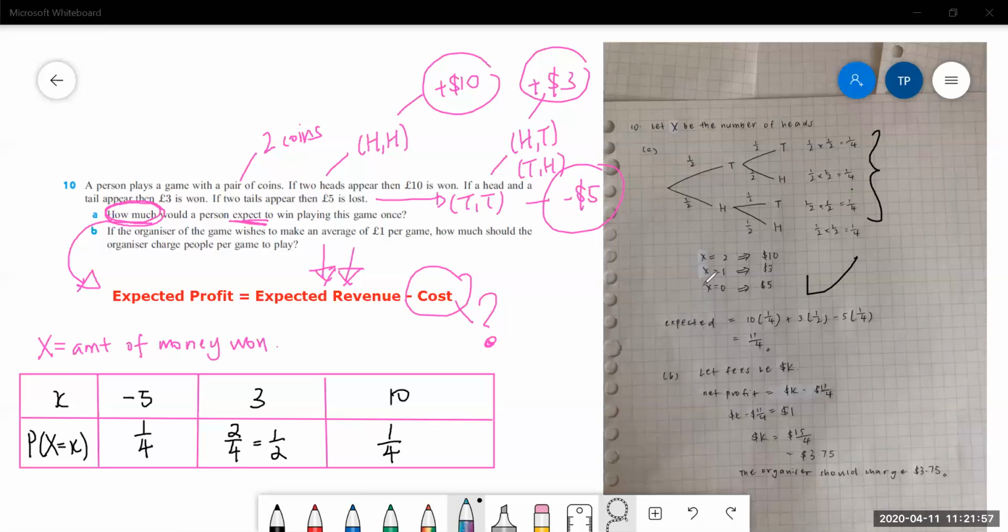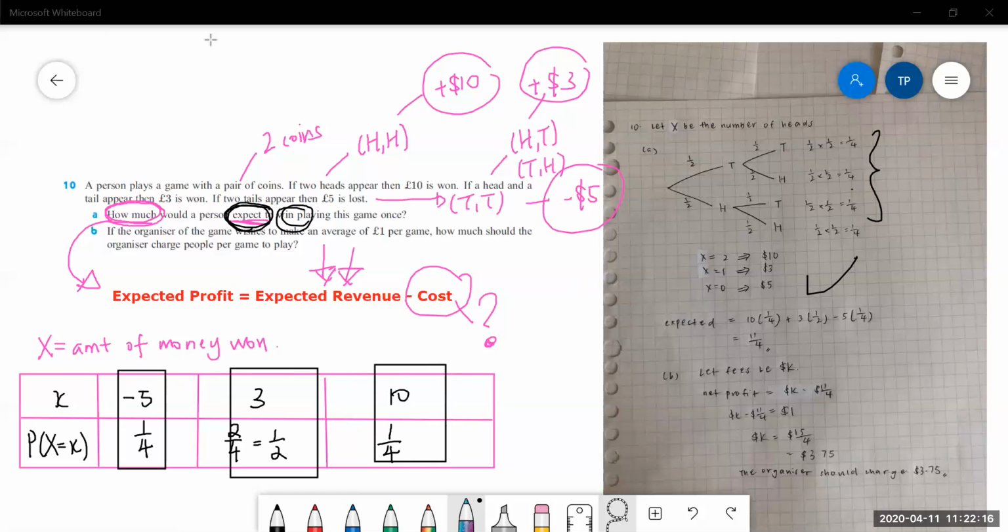So from here, we want to find the expected amount that we win. From here it is very clear cut already. All we need to do is to multiply this, multiply this, multiply this, and then add them up. Then we will get the answer, which is over here.